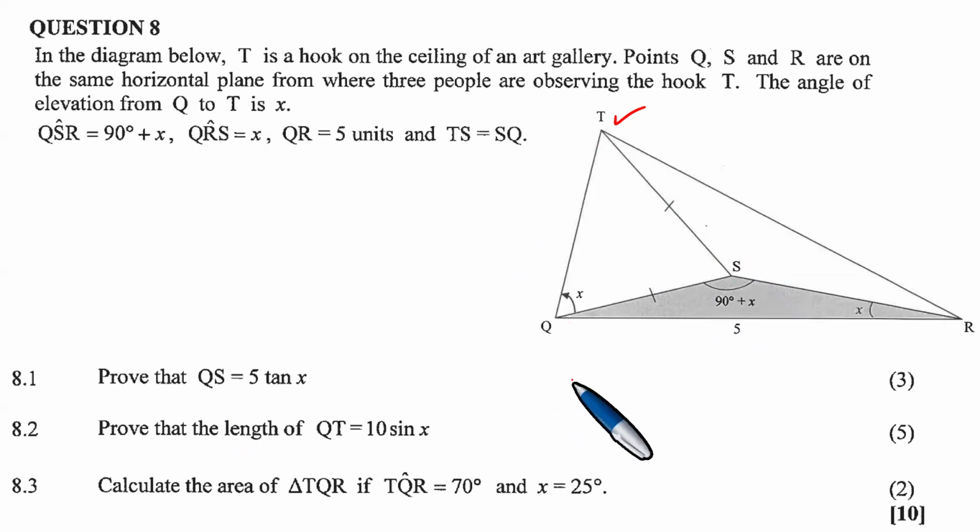What rule can we use here, Perhalelo? Sir? What do you think? Because here in 8.1, we need to prove that QS is 5 tan X. So to prove that QS is 5 tan X, how do we prove this?